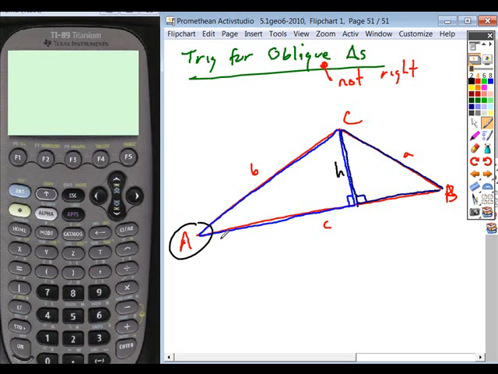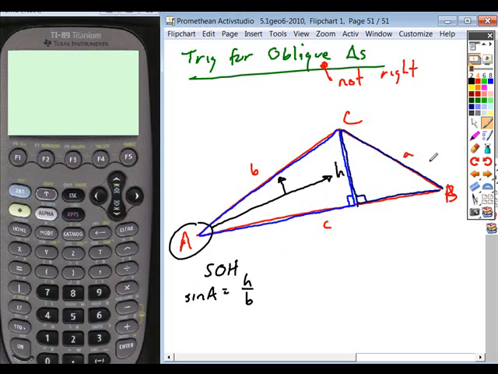we have this angle A. With respect to angle A, the pieces labeled are the opposite side and the hypotenuse. Well, which trig ratio relates opposite and hypotenuse? It's the sine, right? So we could make the statement that the sine of A is equal to opposite h over hypotenuse b.